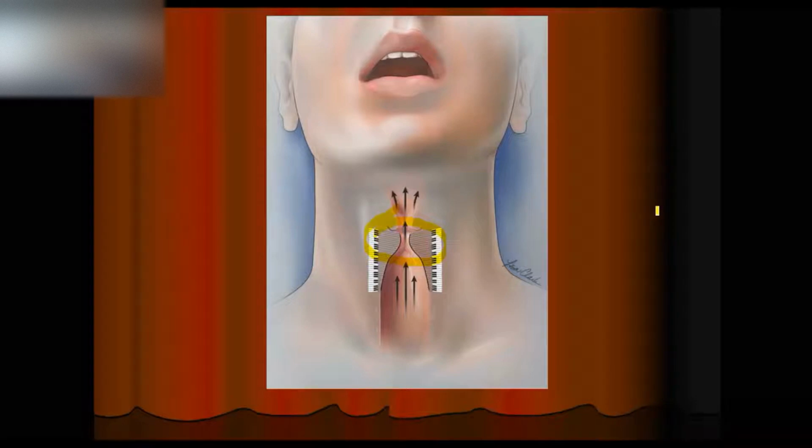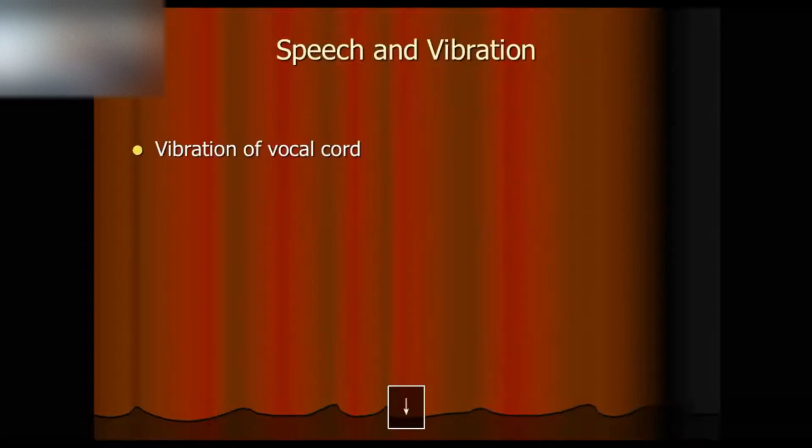So I'm going to show you more details how the sound is generated through our vocal cord and how our different words are created. So in short, sound is generated by vibration.